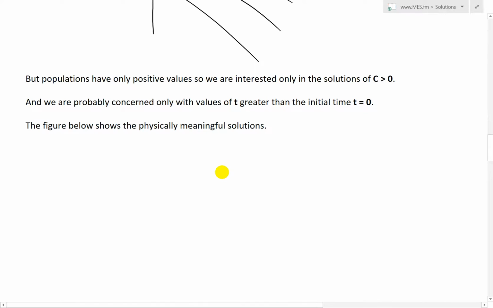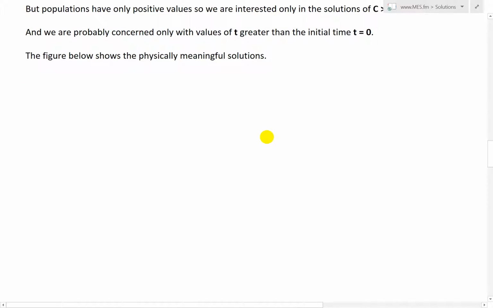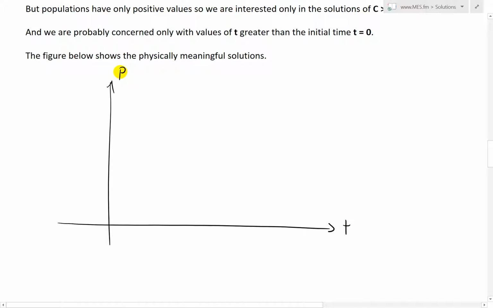So now the figure below shows the physically meaningful solutions. If we were just to look at the positives, what we end up having is P, and we basically cut off all the populations past 0. So we have something that looks like this.